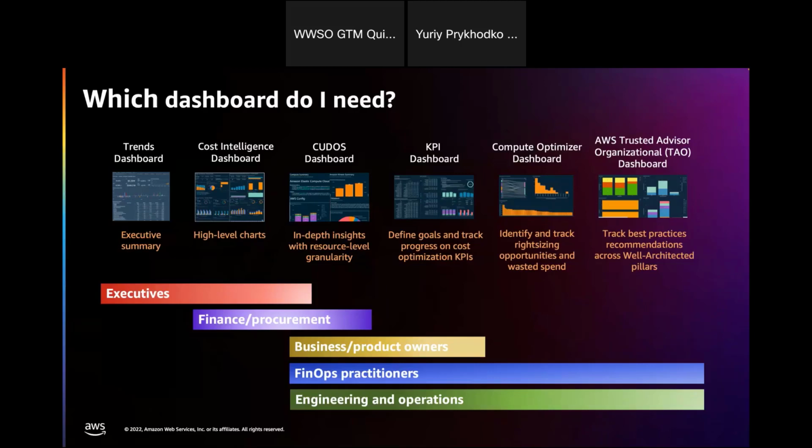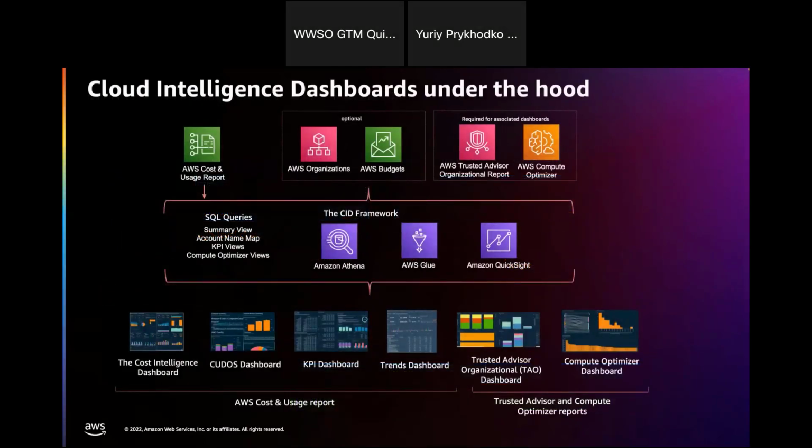So all these dashboards are provided to you in the scope of the Cloud Intelligence Dashboards project, and you can deploy them by following our AWS Well-Architected Lab, and it takes around 30 minutes to deploy a dashboard.